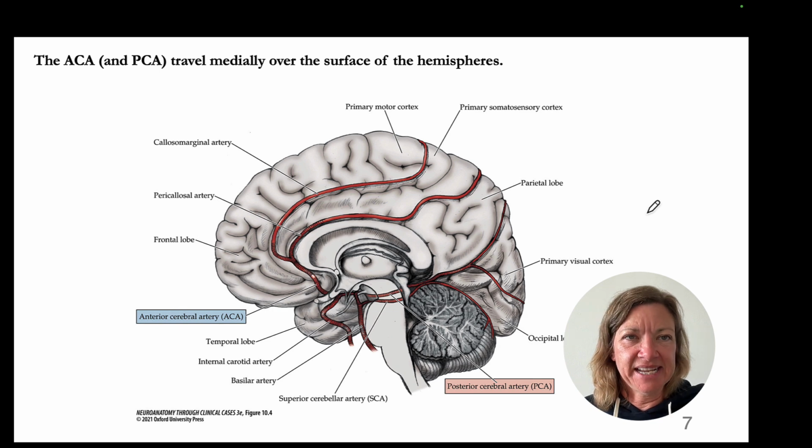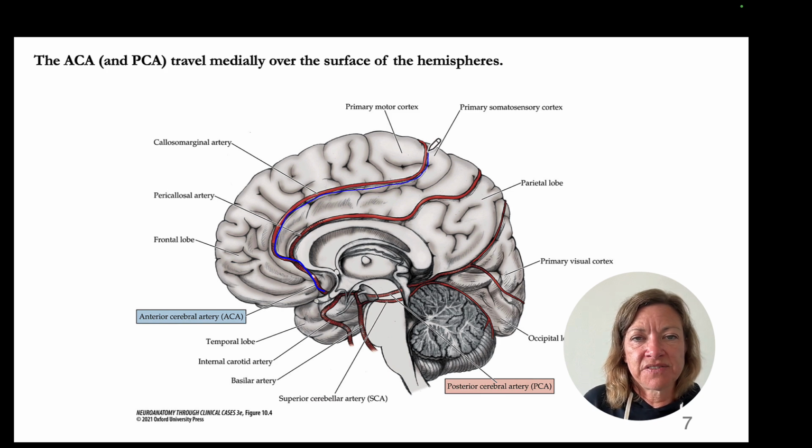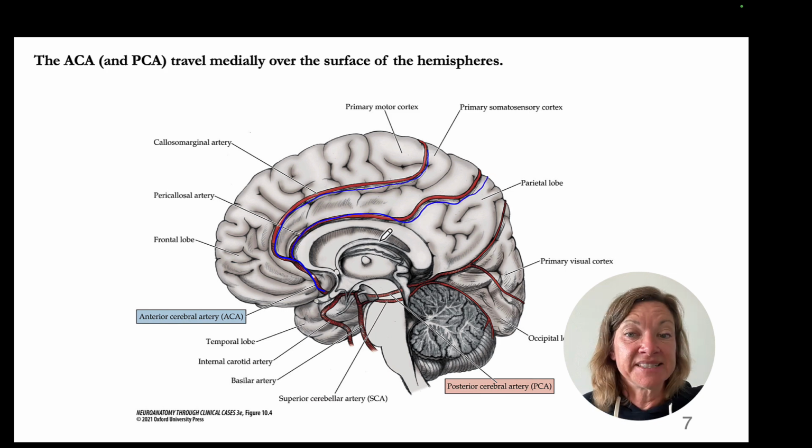Now, as we've already seen, after they enter the brain, the ACA and the MCA take different courses. This slide shows the ACA traveling medially over the surface of the brain, and I'll trace two of its major branches. As an aside, I know we're talking about anterior circulation at the moment, but the PCA supplies the remainder of medial cortex.